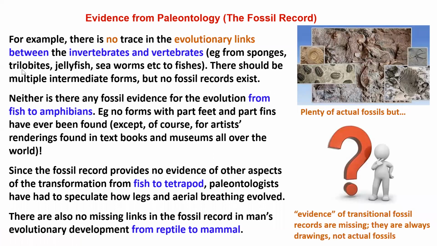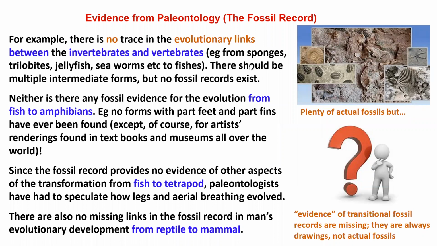For example, there's no trace of evolutionary links between the invertebrates, which means they don't have backbones, and the vertebrates. Example: sponges, trilobites, jellyfish, sea worms, all these don't have backbones. There's no evolutionary link for them to become fishes, which have backbones, right?